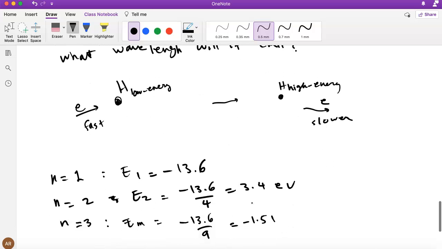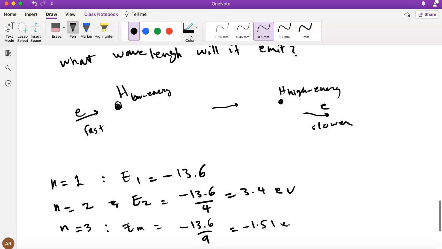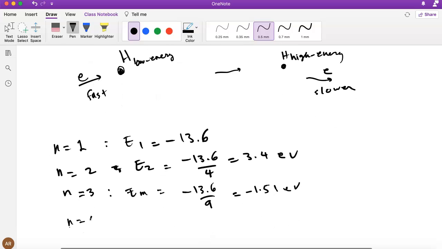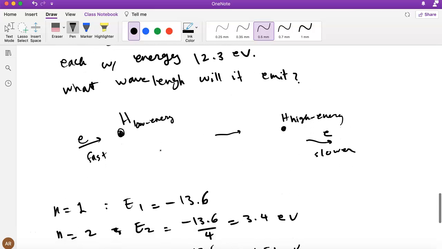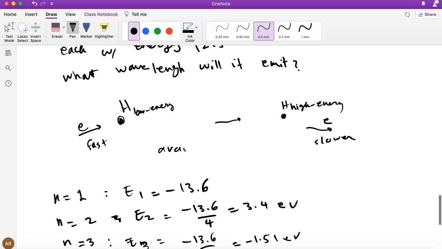So this is minus 1.5, so it's lower than that, right? So there is enough energy to excite the atom to this level. But n equal 4, we'll have E4 equal minus 13.6 over 16, which is less than 1, 85. So that's not enough.